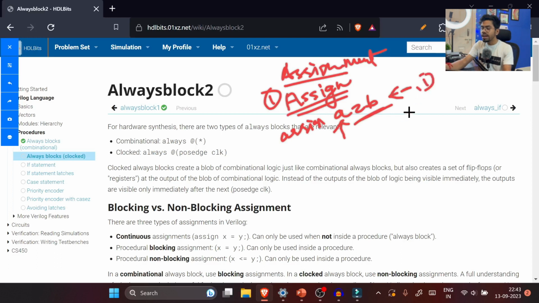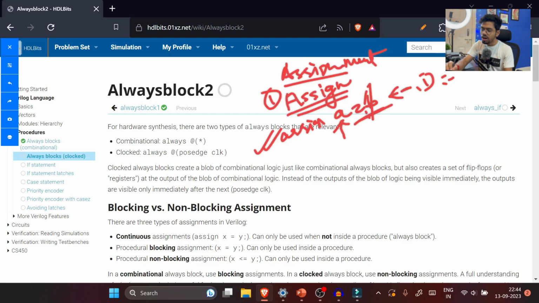We feel like this is never going to execute because we are at line 10, since in most general purpose coding they start from line 1 and go down. But in this type of assignment, this line can execute anytime your right hand side changes. That's the difference between conventional coding and Verilog. You need to be sure that you know it. So we know about this type of assignment.